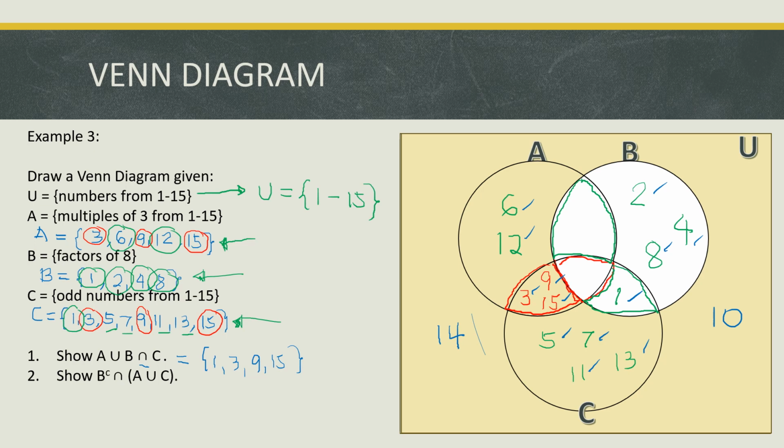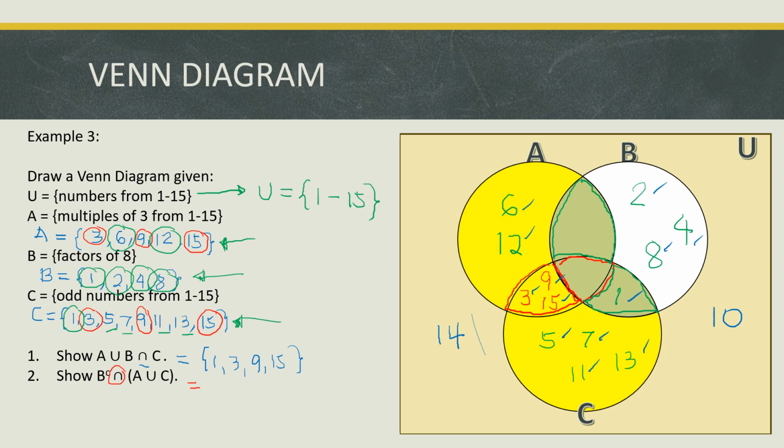But what is A union C? What are those elements? These are the elements that you can see in A union C. But the problem is, what is their intersection? Where did they intersect? These are now their intersection.